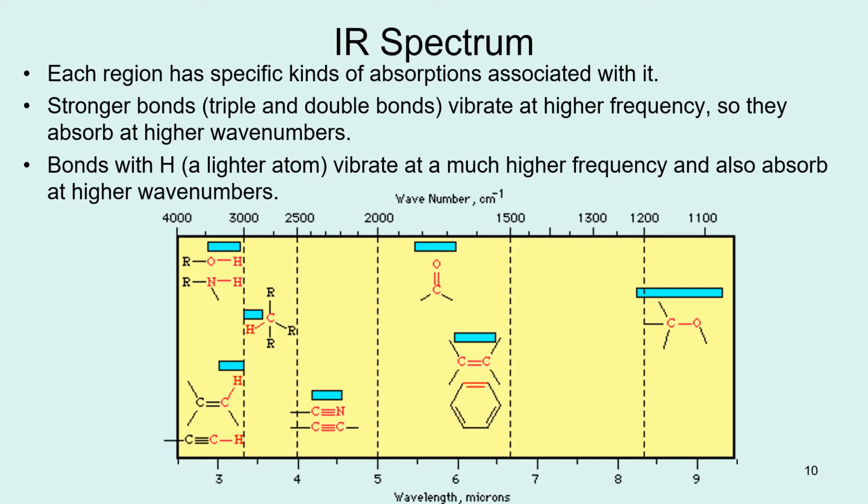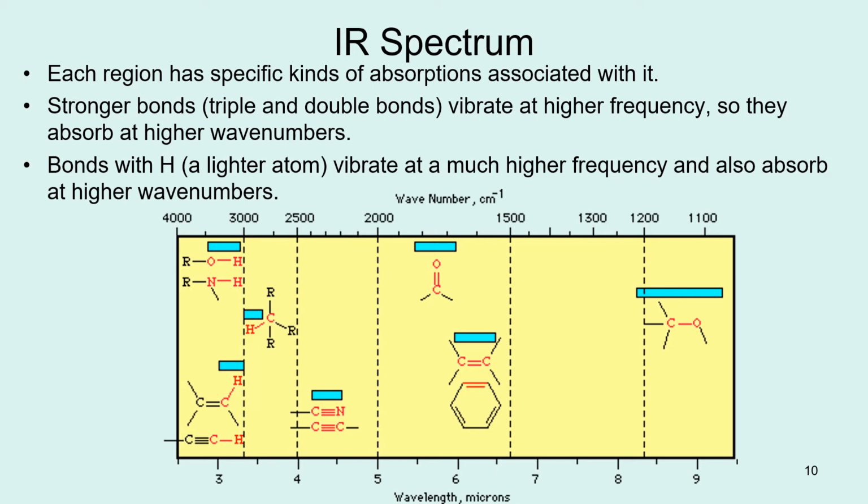So right above 3000 tends to be the OH and NH, and we'll talk more about that in a little while. Also just above 3000 are our sp2 hybridized carbon hydrogen bonds, or our sp carbon hydrogen bonds, because again, the tighter this carbon is held, the higher the frequency of this bond stretch.